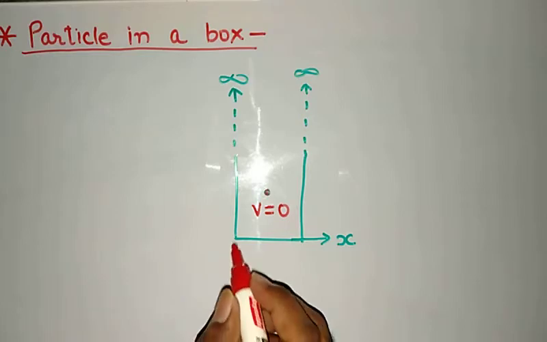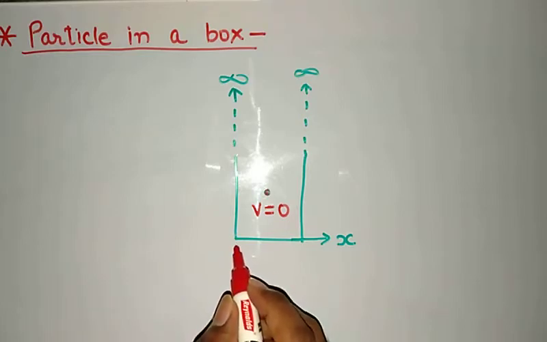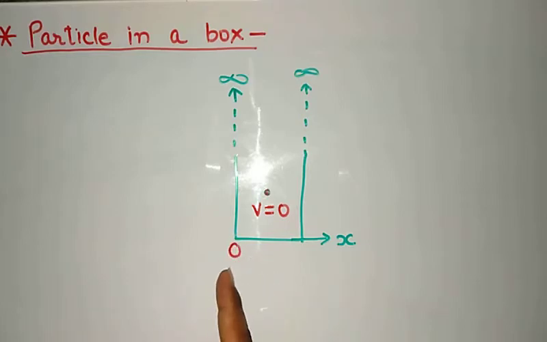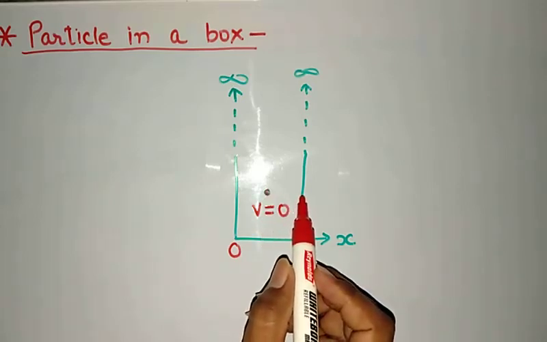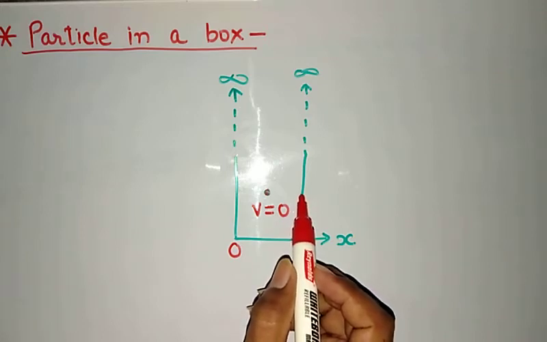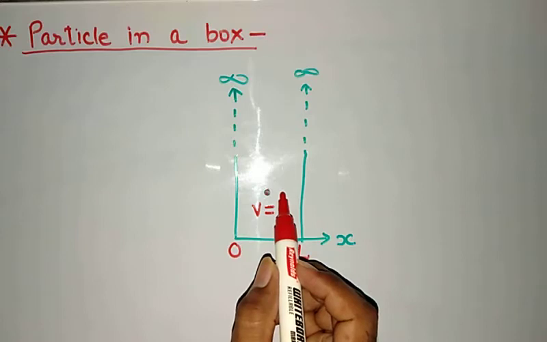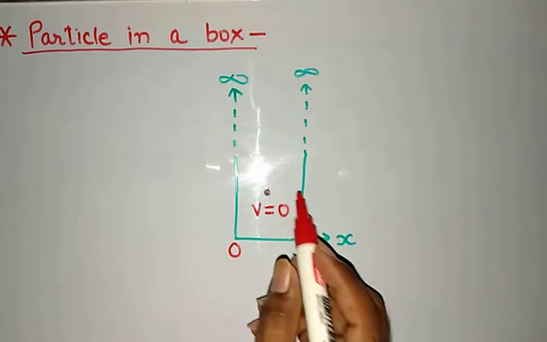And if we take this point as 0 and this point as L, it is also clear that when this particle interacts here on the wall, it will get reflected from this wall.